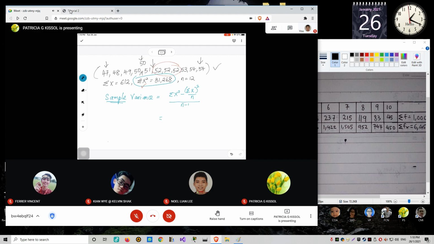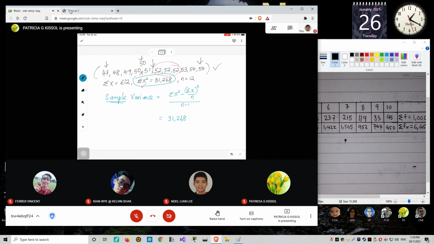So for this, what we do is the summation x squared, just like I've already circled in blue there, the value is 31,268. How do I get the total 31,268? From each of the 12 values, you just square it, and then add them all up to give you 31,268. Okay, I hope that is clear.